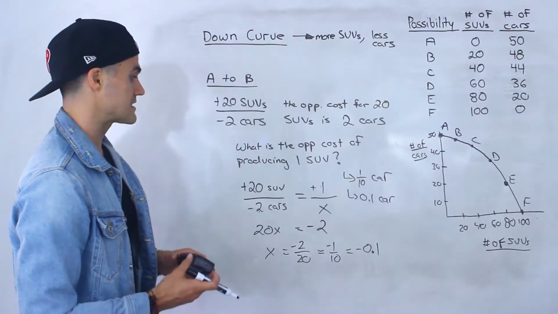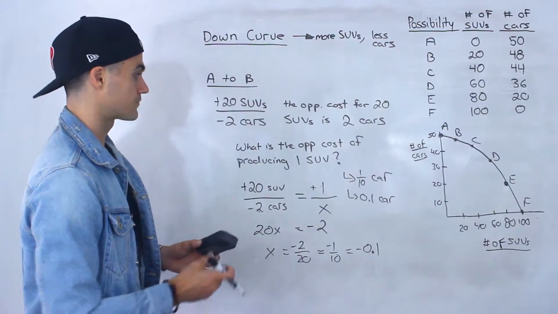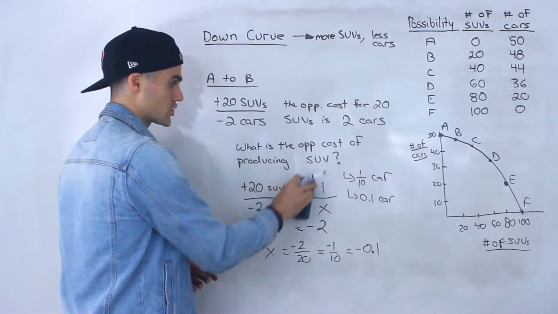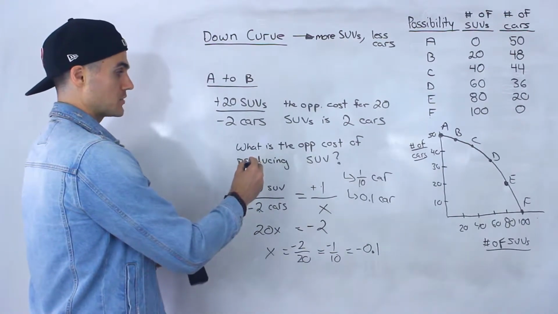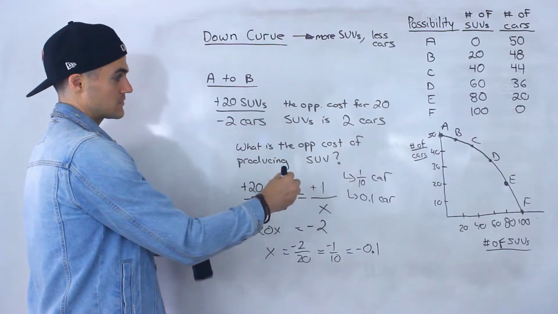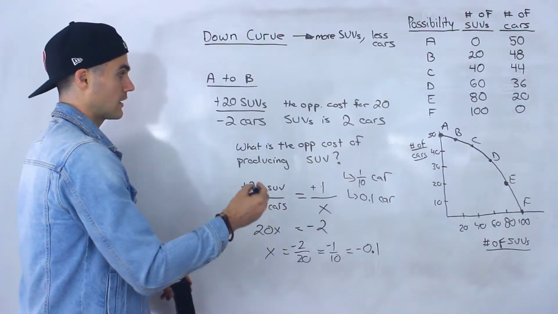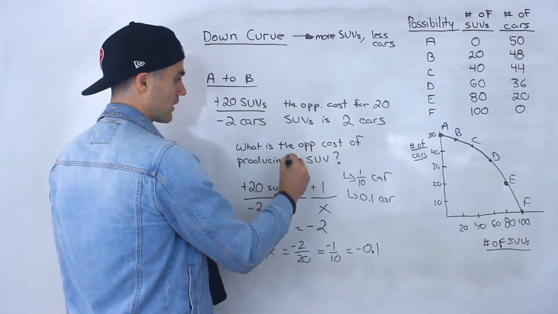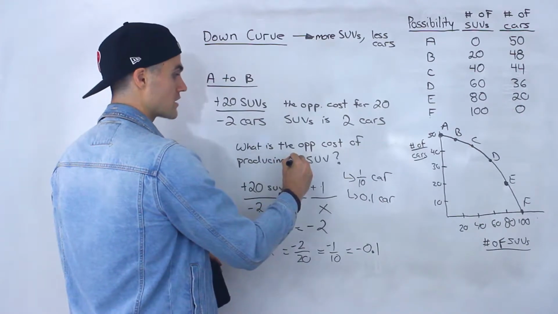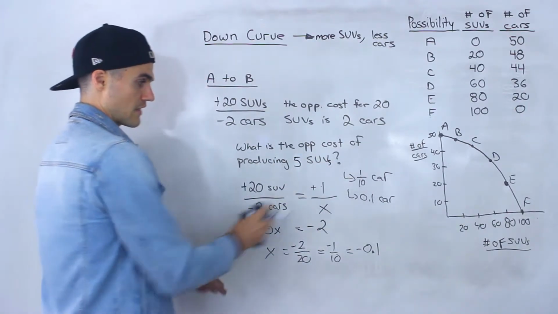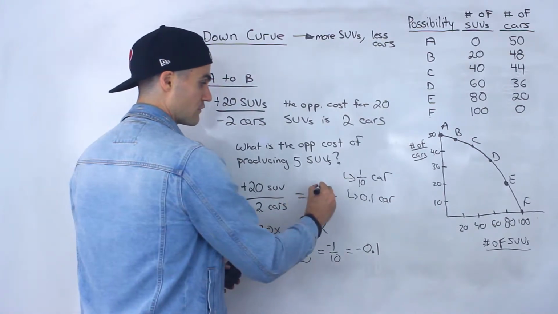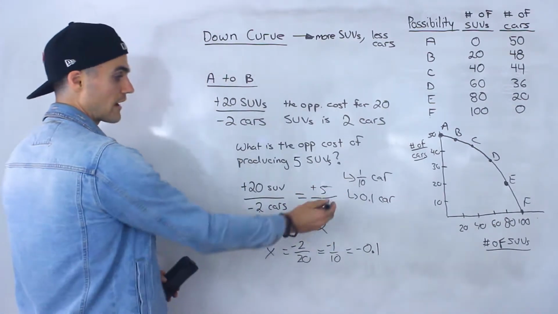Another thing is that you've got to be comfortable with this number changing. So sometimes they'll ask, what is the opportunity cost of producing one SUV? Sometimes they might bring in a different number. They might say, what's the opportunity cost of producing 5 SUVs? Then this number here would change to a 5, and you'd have to solve for x.